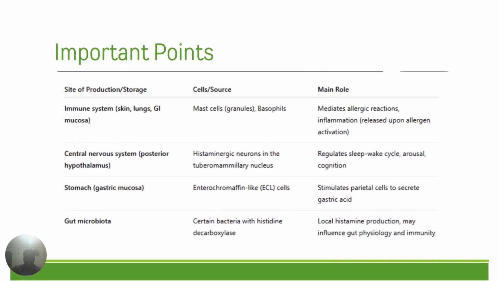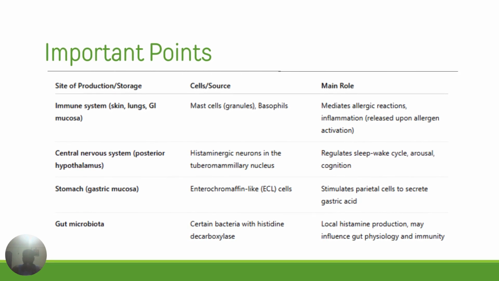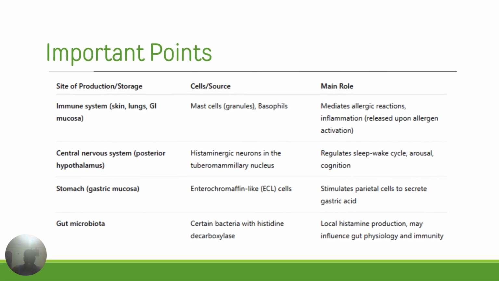As well, we need to understand a few important points about histamine. Here, I'll tackle the site of production or where it's stored, the sources or the cells that produce it, and also the main role.